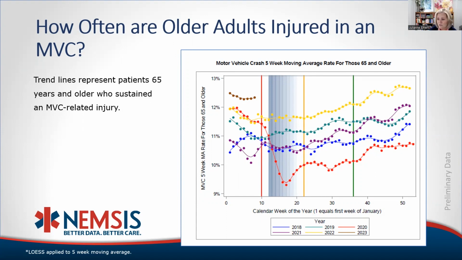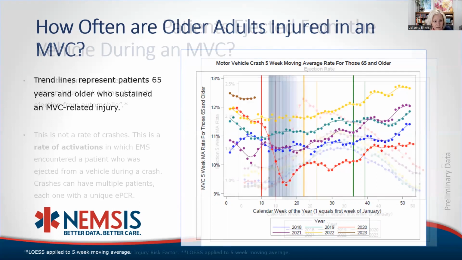And you can see how those trends change over time, very specific to MVC injury. This helps to communicate that story as you are trying to identify changes in your response, your policies, your procedures, or if you're trying to establish justification for additional funding or additional training opportunities. This data can be really valuable for that.